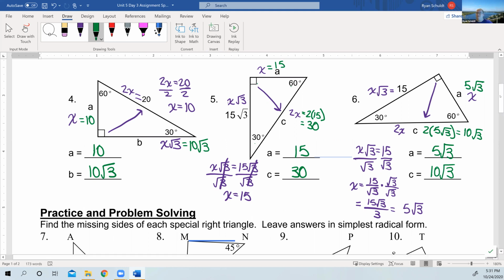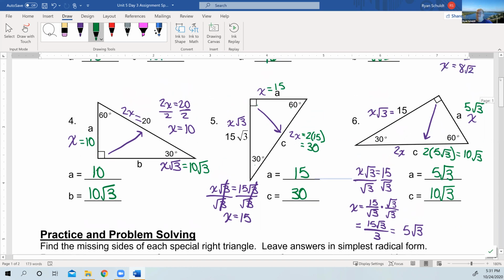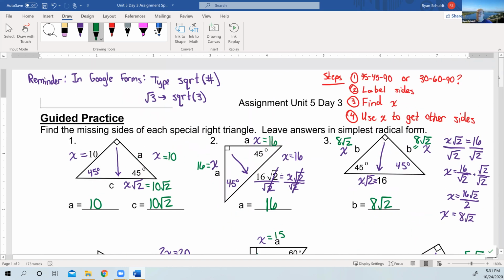Drew a blank there. Okay, so that's it for the guided practice. On this assignment, you have 22 questions, so hop to it. Well, there's 22 total. We just did 6 together, so really you have 16 questions to do. So hop to it.